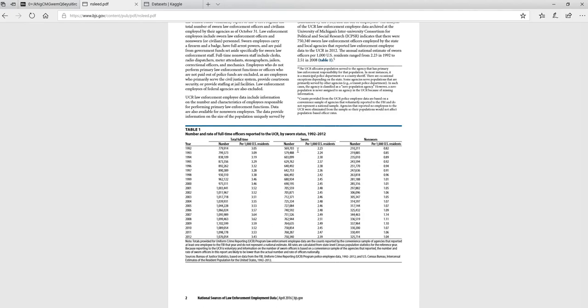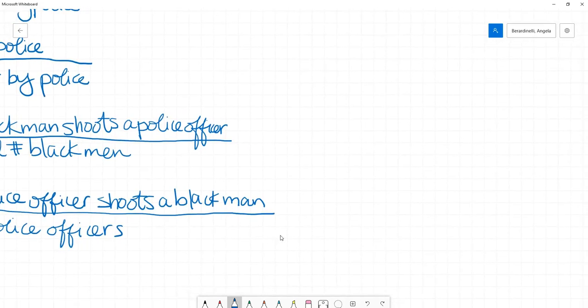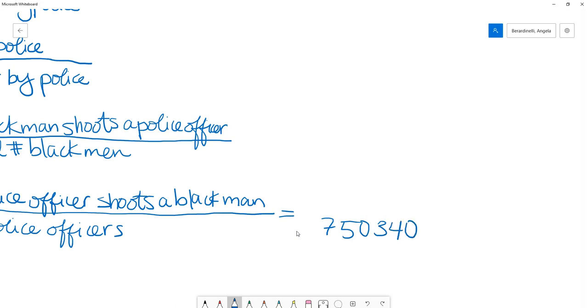So the number of sworn officers in the United States in 2012 was 750,340. So we could try and use that number, and I'm going to put a note with the date as well. So this will be 750,340, and this number is as of 2012.